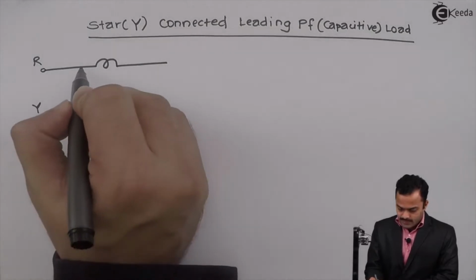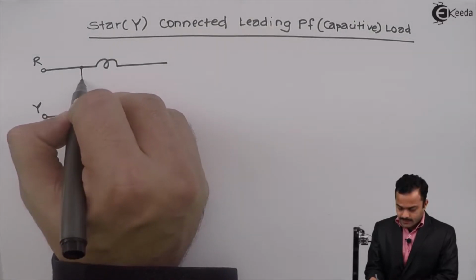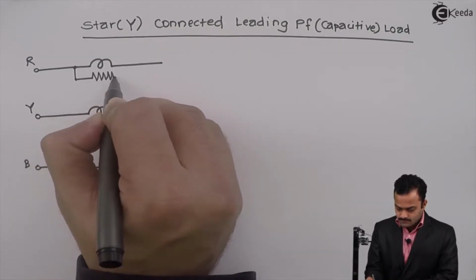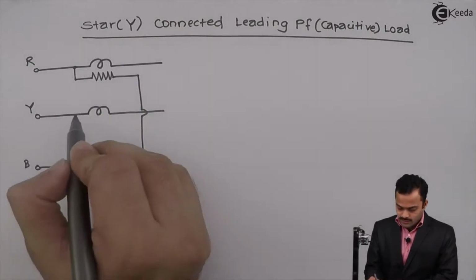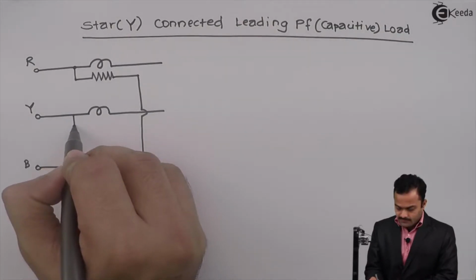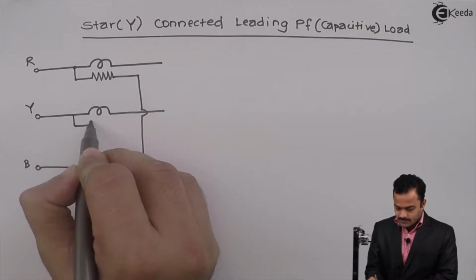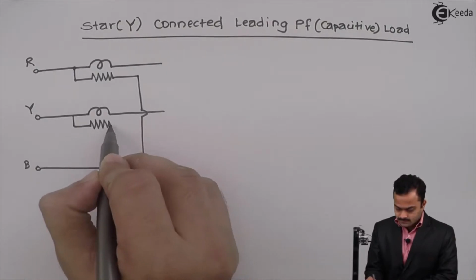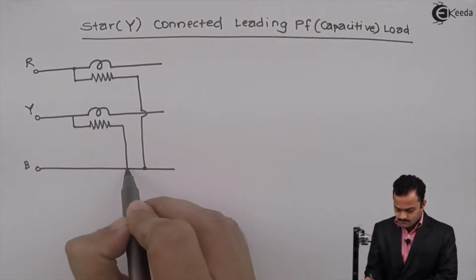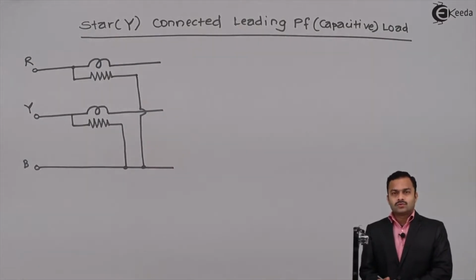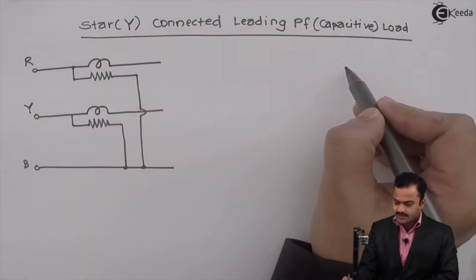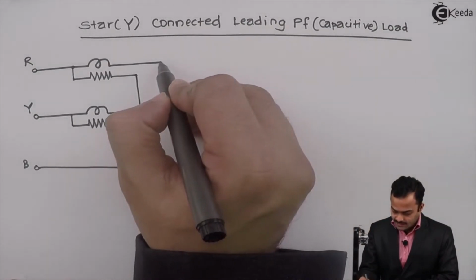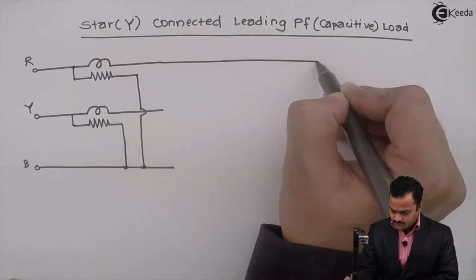The voltage coil of the first wattmeter is connected between R and B. In the same way, the voltage coil of the second wattmeter is connected between Y and B. So this is how we are going to connect the wattmeters in the circuit, and to this supply we are connecting a star connected leading power factor load like this.